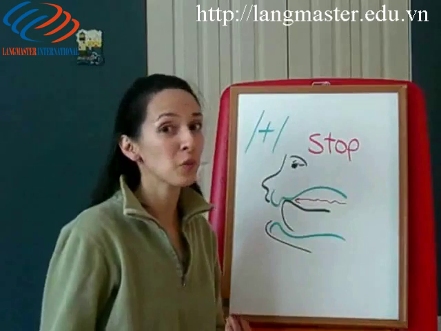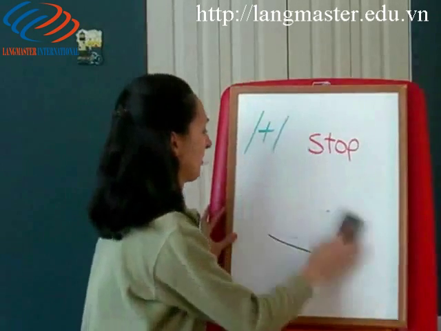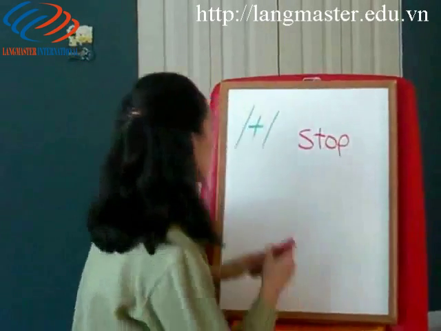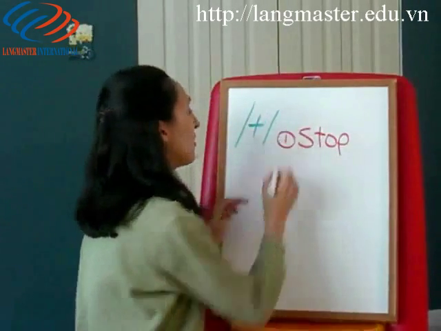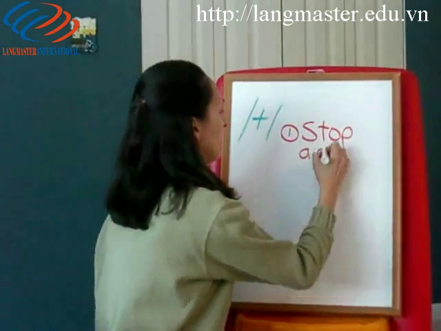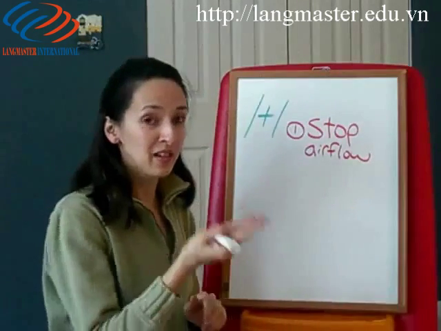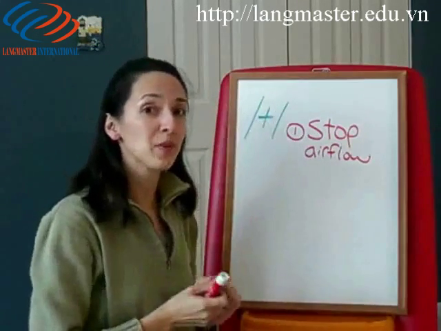So I want you to note three things when you make the T sound. First, you need to stop the airflow. You stop it with the tip of your tongue and that hard bump behind your upper front teeth.